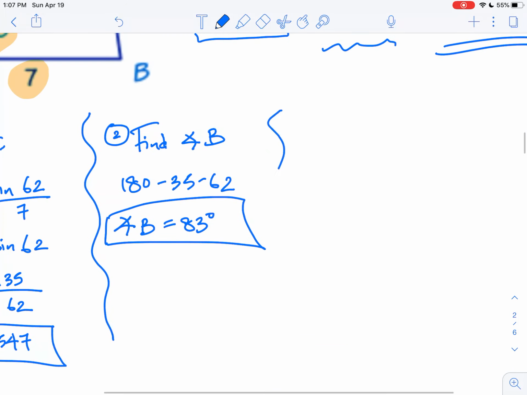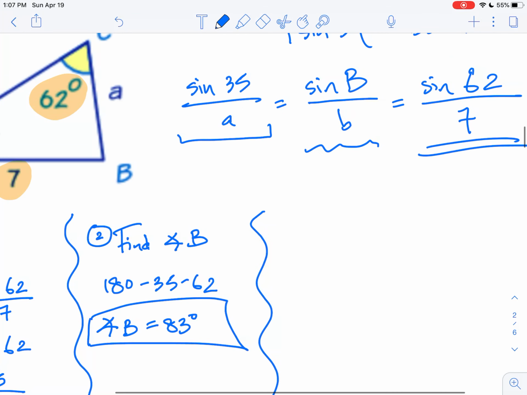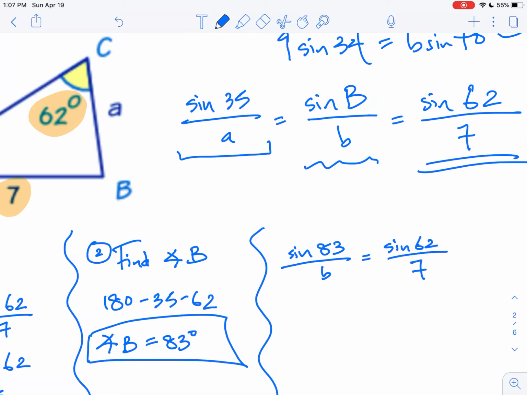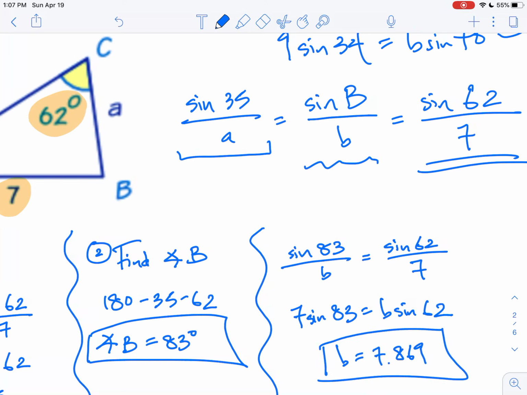And now we can use our law of sines to figure out little b. So sine of 83 over little b equals sine of 62 over 7. 7 sine 83 equals b sine 62, and b will equal 7.869 once we work that out.